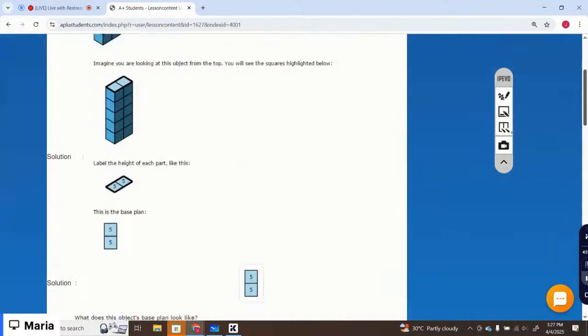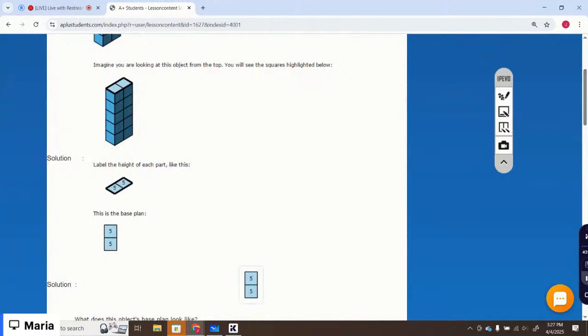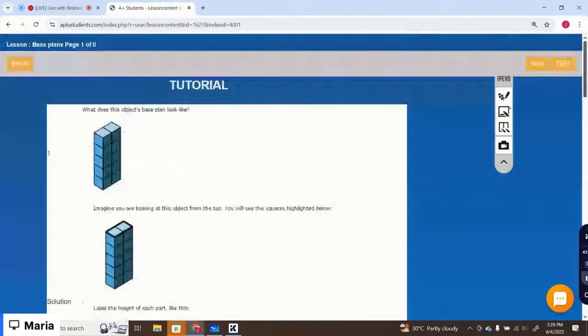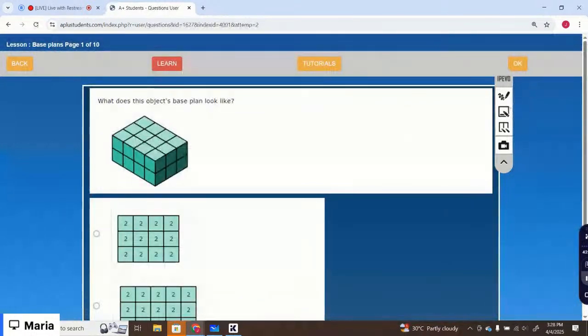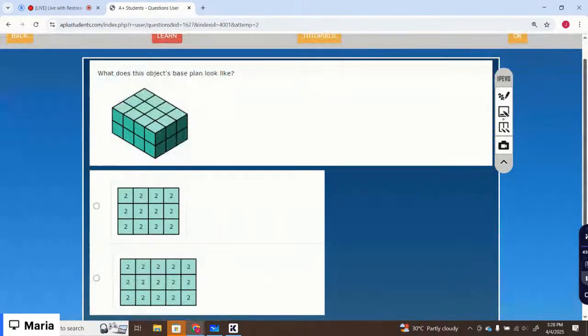So 5, 5, they have 5. Let's just start with the tens. What does the object based plans look like? 1, 2, 3, 1, 2, 3, 4.